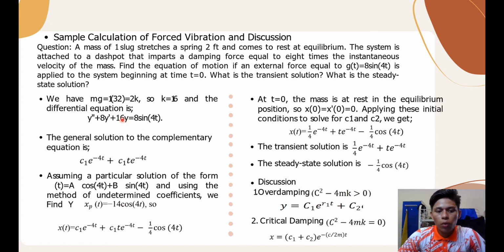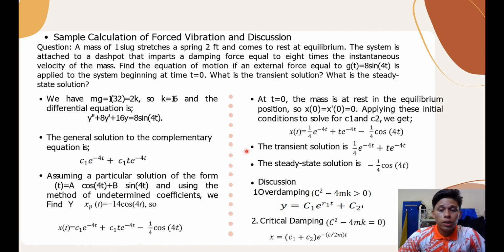We got yp from g(t) equals sin 4t, and then we convert it to yp equals A sin 4t, and then we differentiate to get yp prime equal to 4A cos 4t, and then we differentiate again, we got negative 16 A sin 4t. After we do the calculation, we got negative 1/4 cos 4t, and then we put it together, y(t) equals yc plus yp, and that is the answer we got.